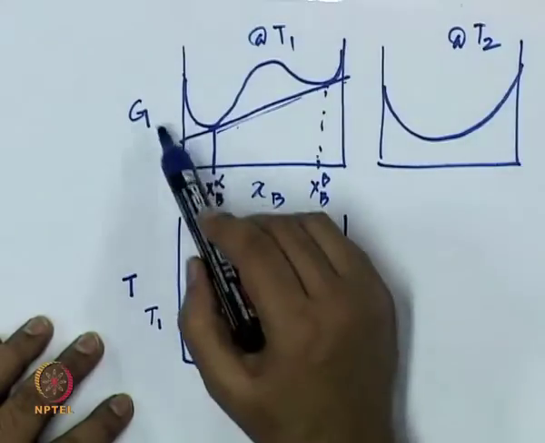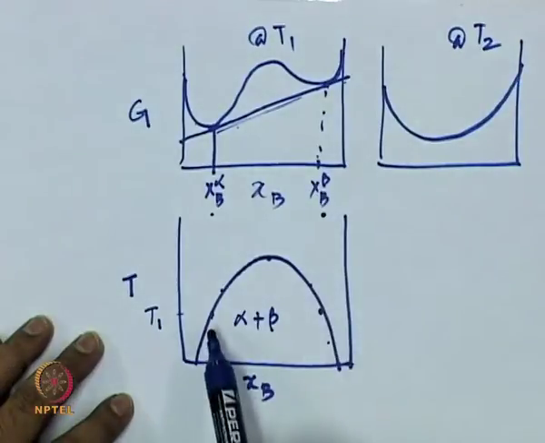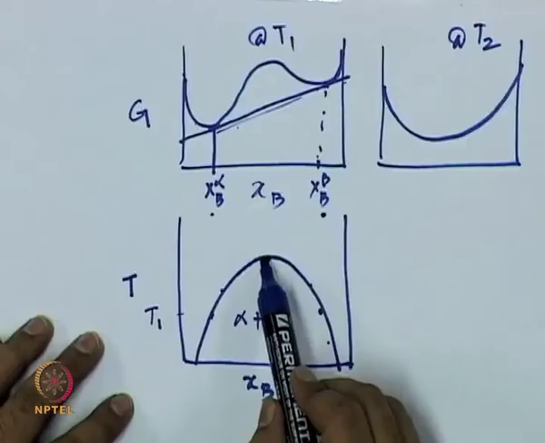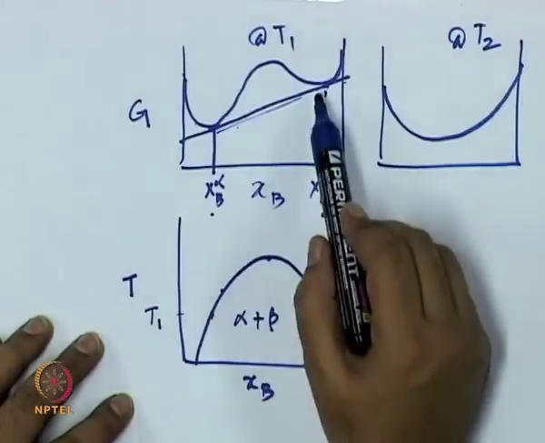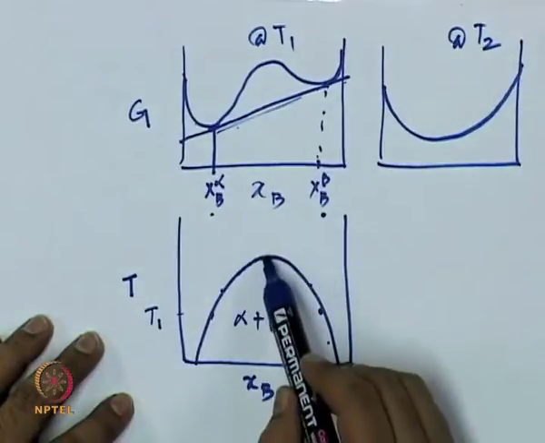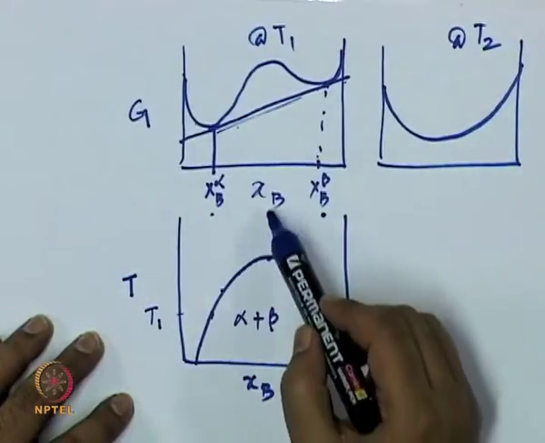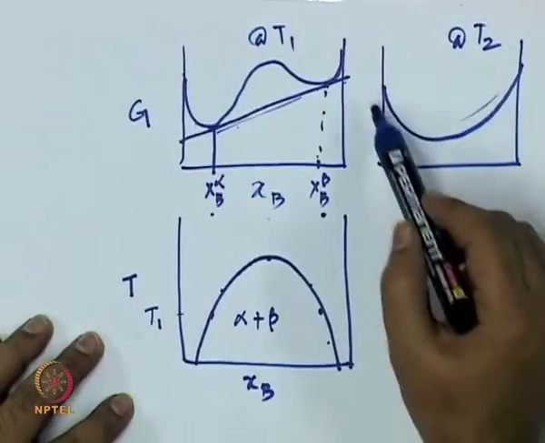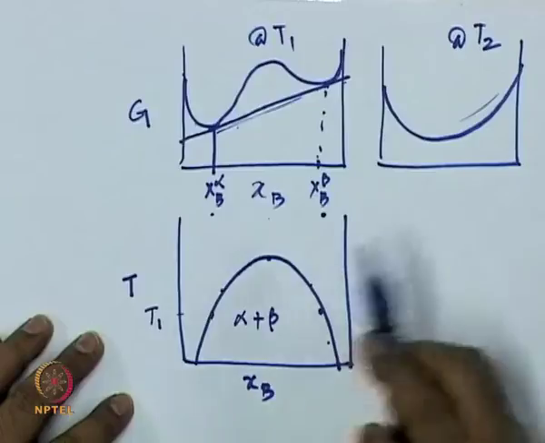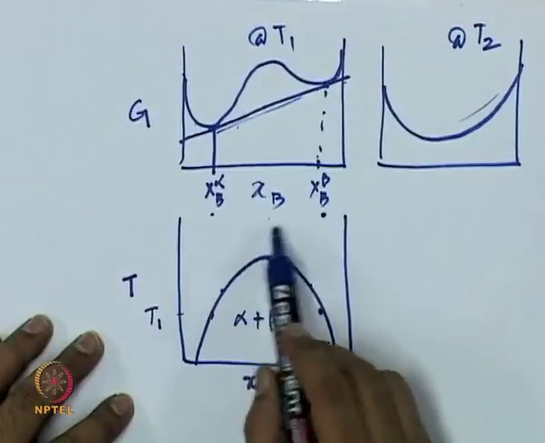So, using the free energy versus composition diagram, we are going to get 2 points at every temperature except for this temperature, which is known as the critical temperature, where these 2 wells and this peak, everything has merged into one point. So, that is why it is a critical point, above which it is going to have a homogeneous random substitutional solid.